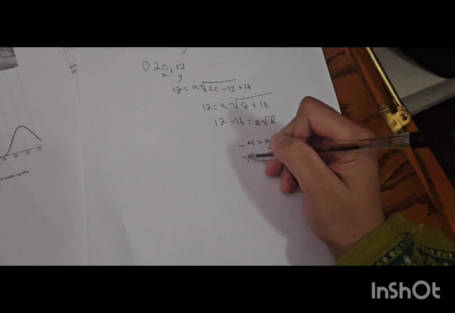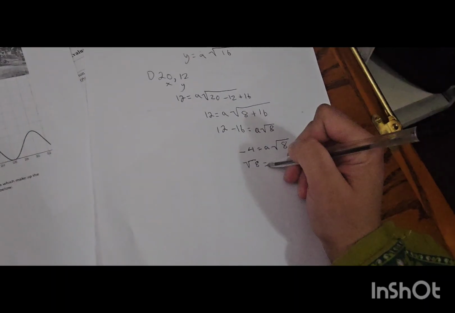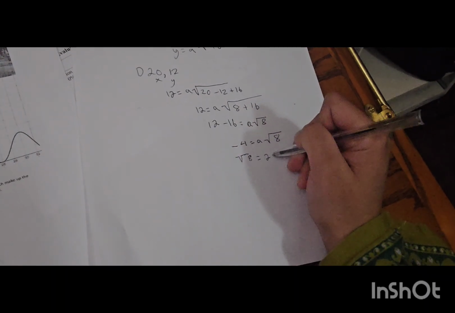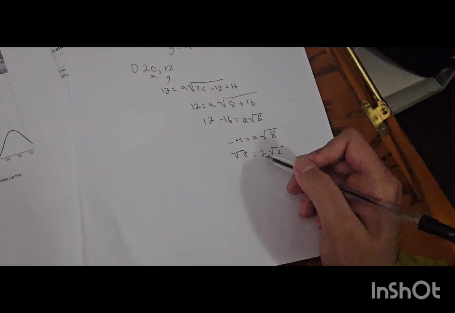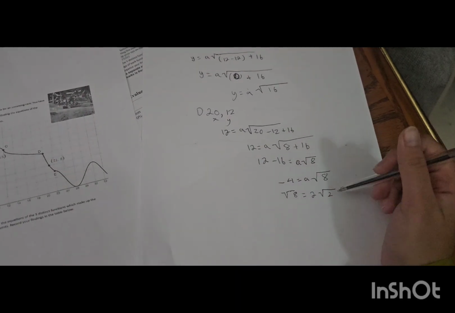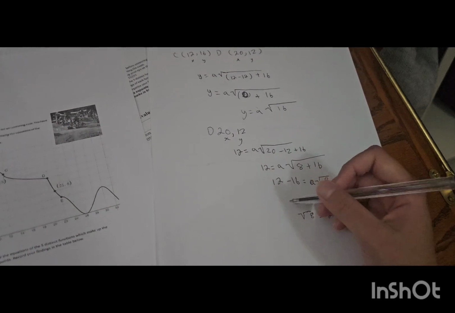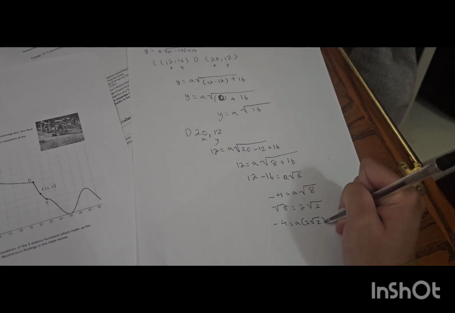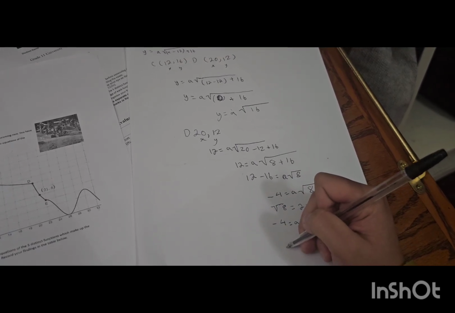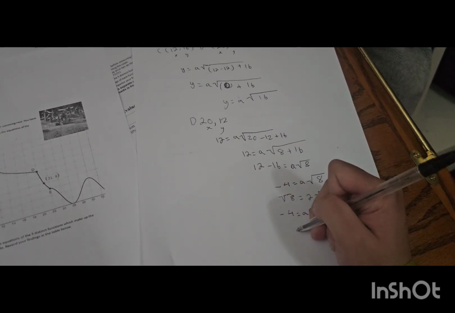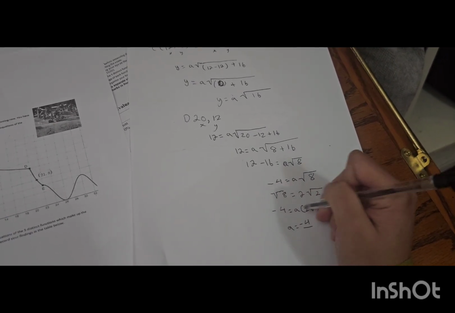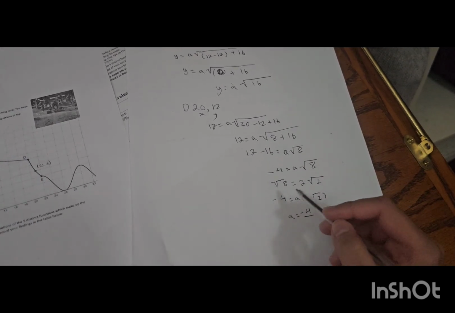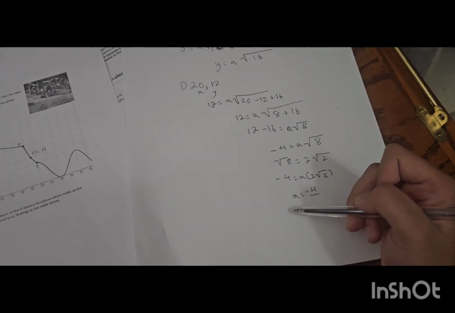Now that I have that, if I look at this square root of 8, it is the same as 2√2, so it's now simplified to that. So negative 4 equals a times 2√2. I'm just going to quickly solve for this. Bring a over here and the 4 goes up here. Switch their spaces, because the a has to be on the left side to make this easier.